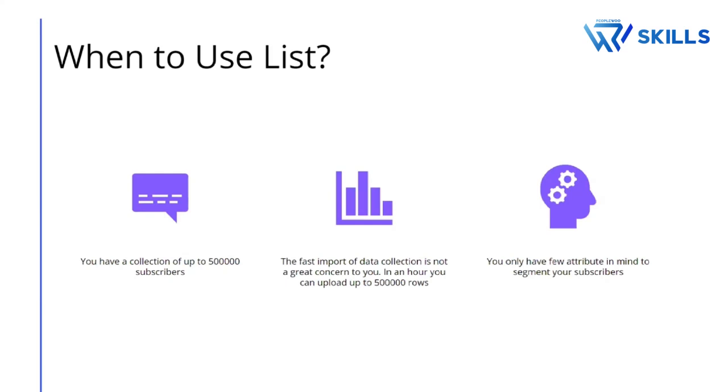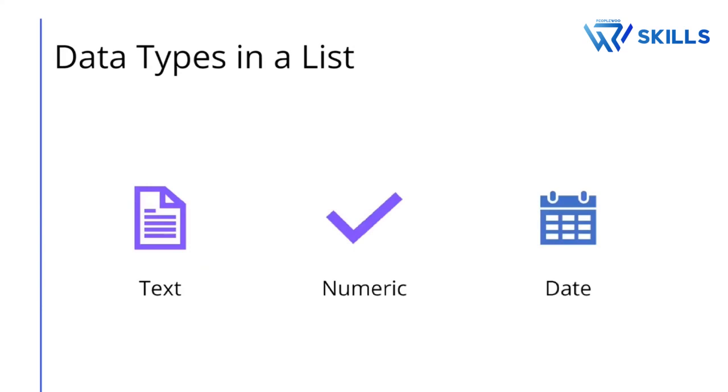If you have more subscribers, then you have to go and create a new list. Then that list will also have 5 lakh subscribers. It cannot exceed the 5 lakh subscribers limit. List supports limited data types: text, numeric, date.